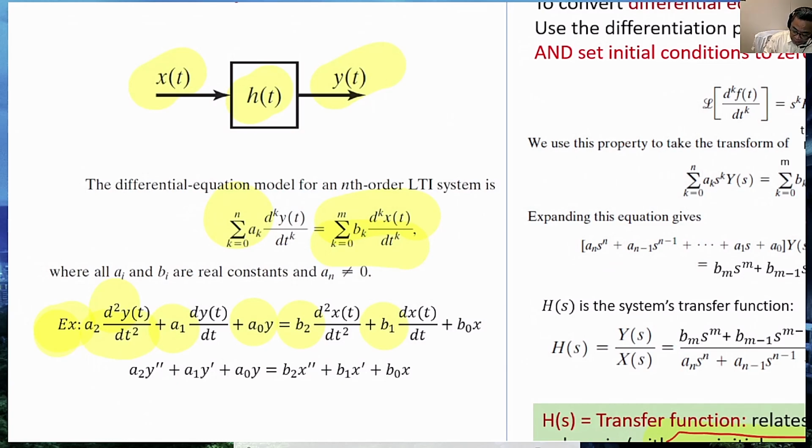And we write this full differential equation over here. Sometimes we are lazy and do not want to write d2y/dt squared. We use the double prime to denote a second derivative and single prime to denote the first derivative. Correspondingly, the right hand side is the same. So we have a second order differential equation with constant coefficients.